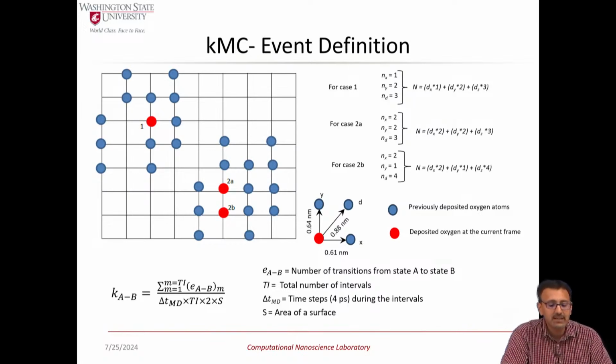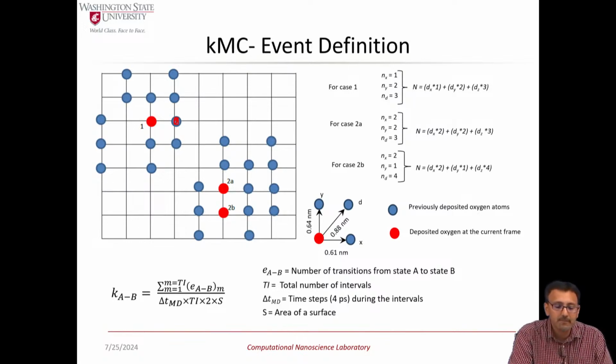So, here is a schematic to kind of illustrate that. You have this grid, which is not really a square grid. You see these are rectangles, because that is what we have on the surface for the arrangement of the lead atoms. So, you can define the location of each of those points based on how many neighboring atoms or how many neighboring PCBM molecules are present with respect to a certain location that is going to have that deposition process happen.